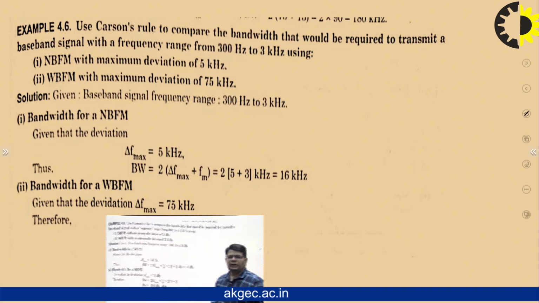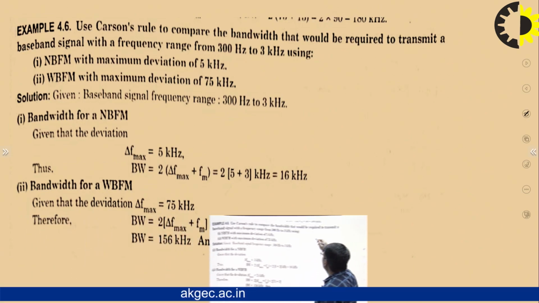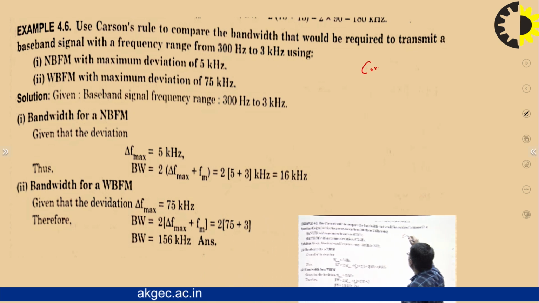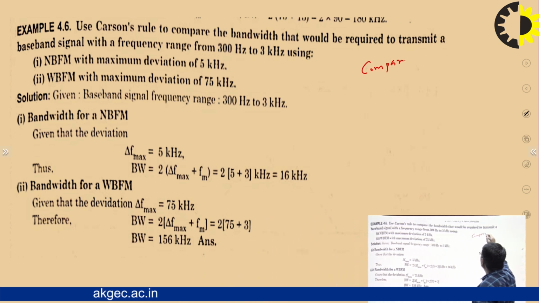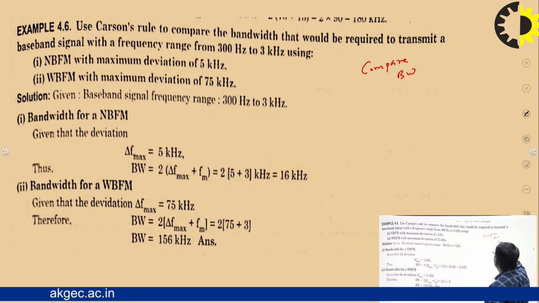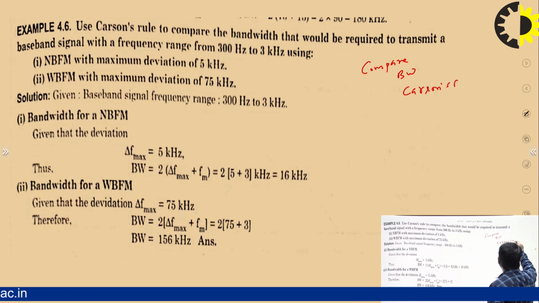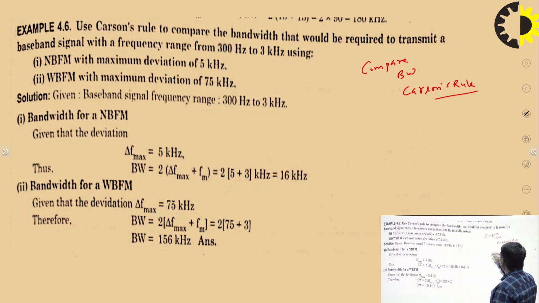Let's see another numerical where we have to compare the bandwidth using Carson's rule for the case of narrowband FM versus wideband FM.